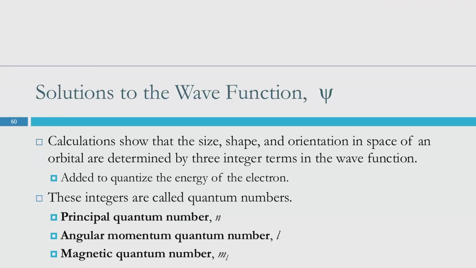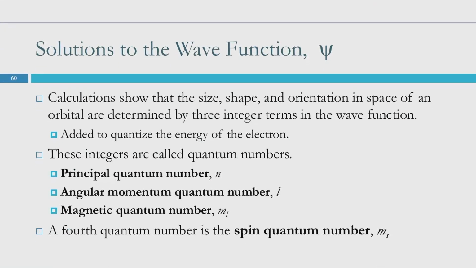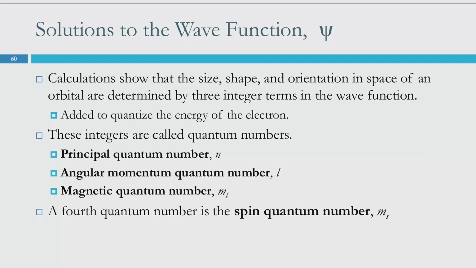So doing a bunch of calculations, it turns out that the size, the shape, and the orientation in space of an orbital of our various shapes can be determined by 3 integer terms. Integer meaning that it's like counting numbers, so it's whole numbers 0, 1, 2, 3, 4, 5, etc. Sometimes they're negative. So we're not doing any fractions.